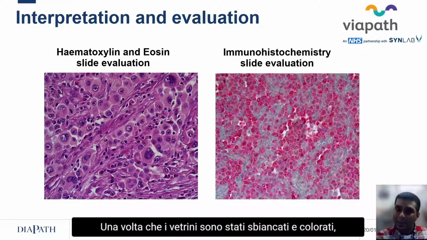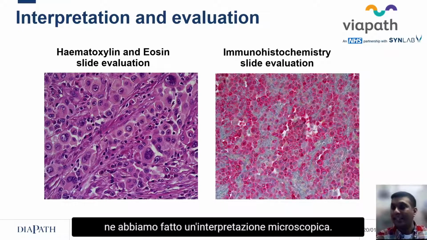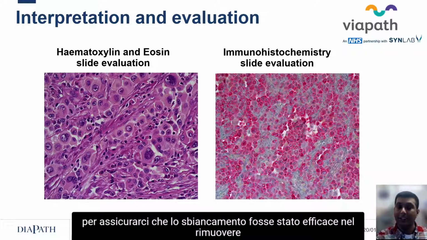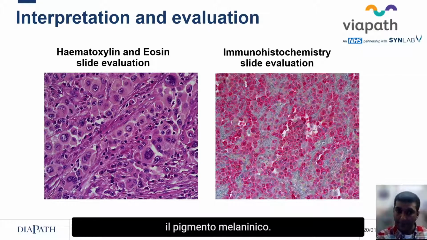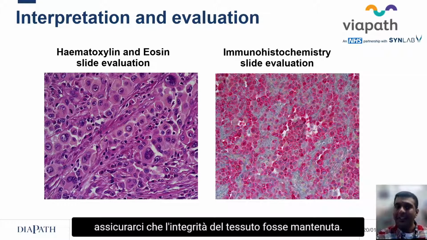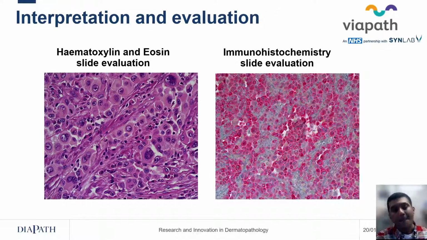So once the slides were all bleached and stained, we did a microscopic interpretation of these slides. To evaluate the H&E slide, we first looked under the microscope to make sure that the bleaching was effective in removing the color from the melanin pigment. Then we looked at the general morphology to make sure that the tissue integrity was maintained.